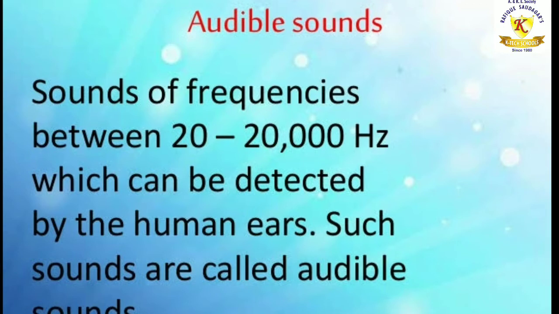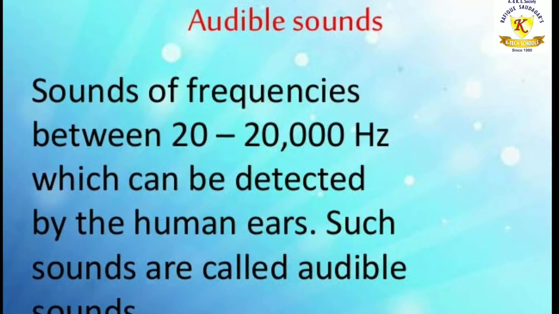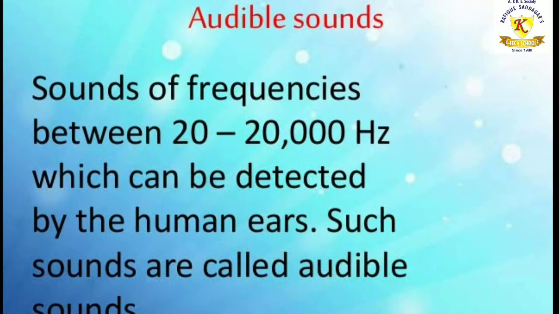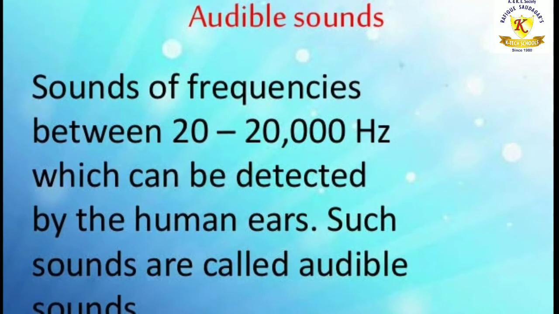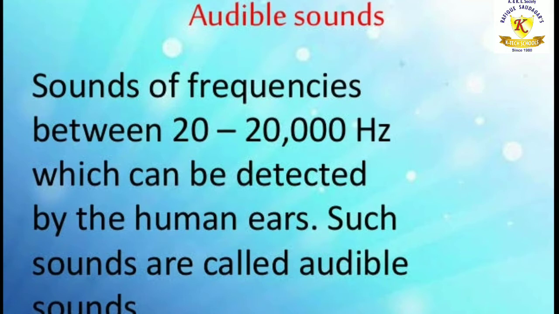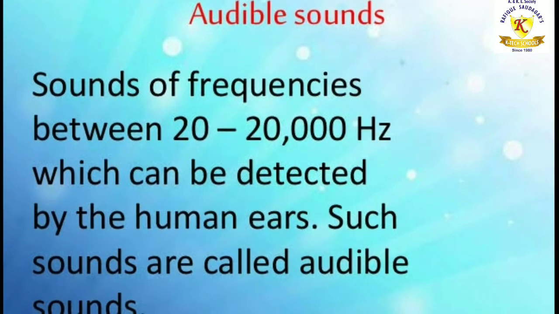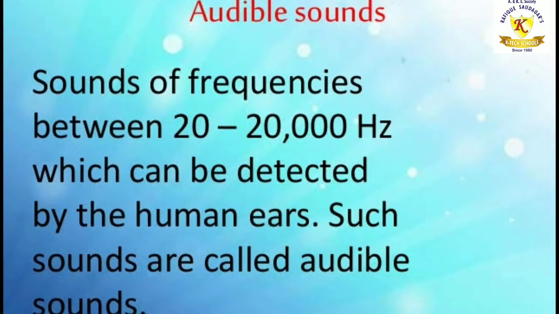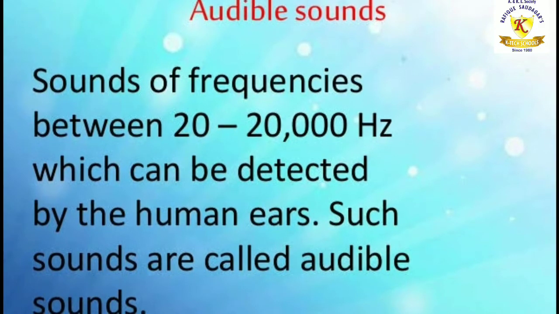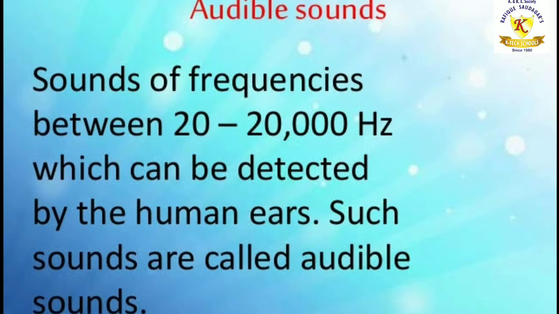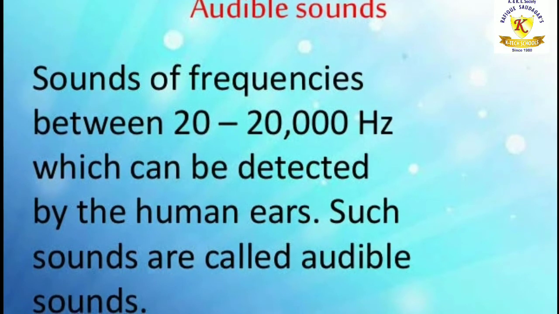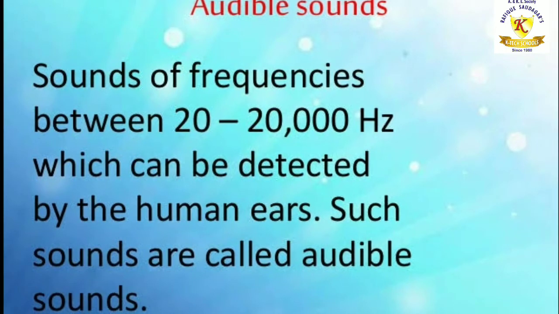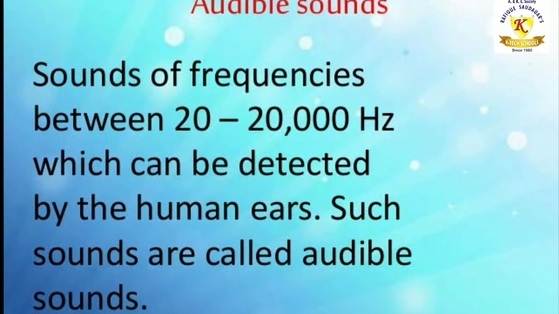Sounds of frequency between 20 to 20,000 Hertz which can be detected by the human ears are called audible sounds. See children, the limit of hearing of a human ear is 20 Hertz to 20,000 Hertz. That is, the human ear can hear sound of frequency in this range.